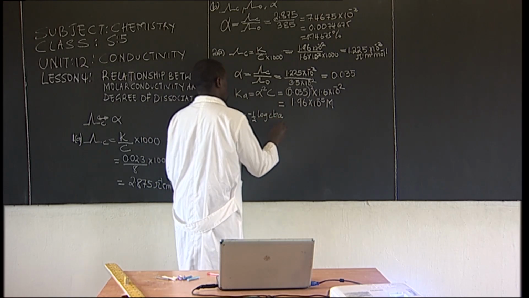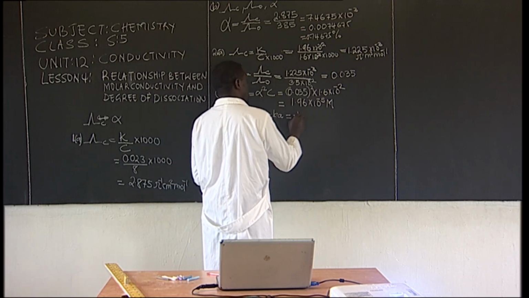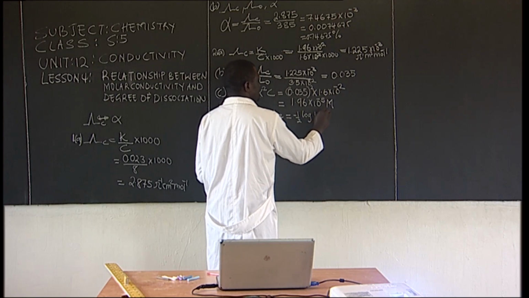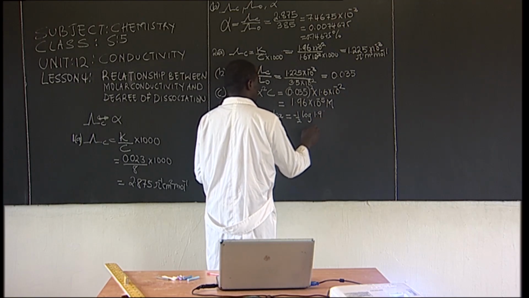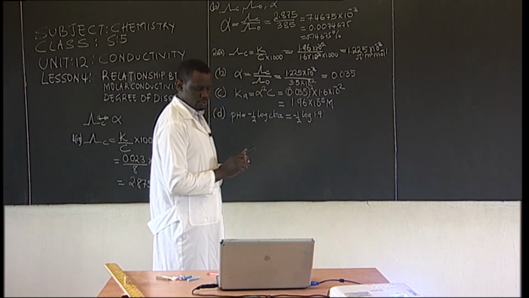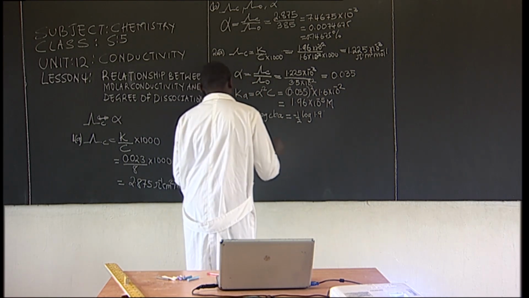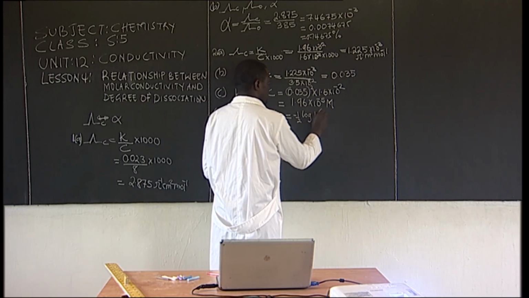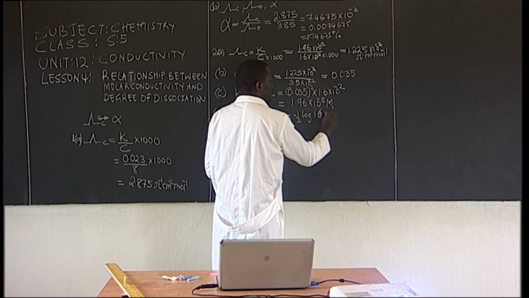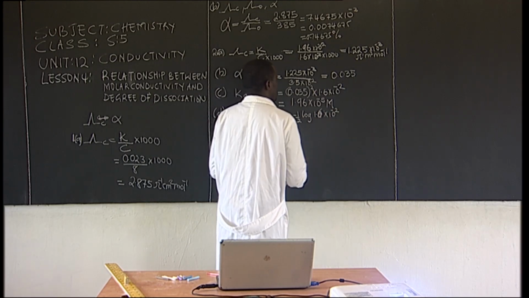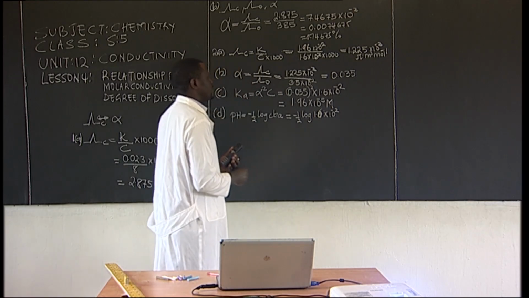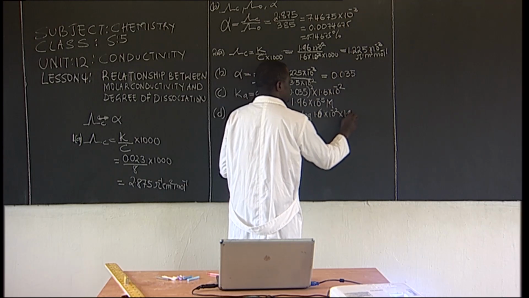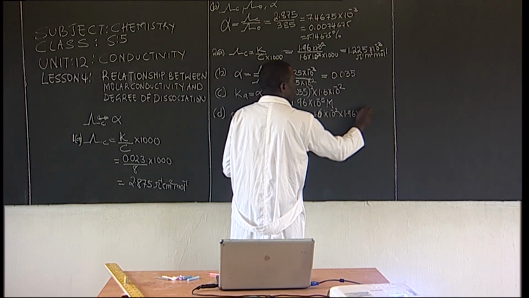So this will equal negative a half log of 1.6, yeah, let's change this one, 1.6 times 10 to the power negative 2, times our Ka, which is 1.96 times 10 to the power negative 5.